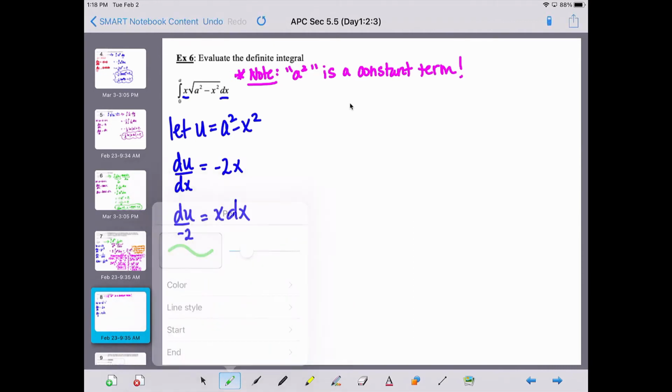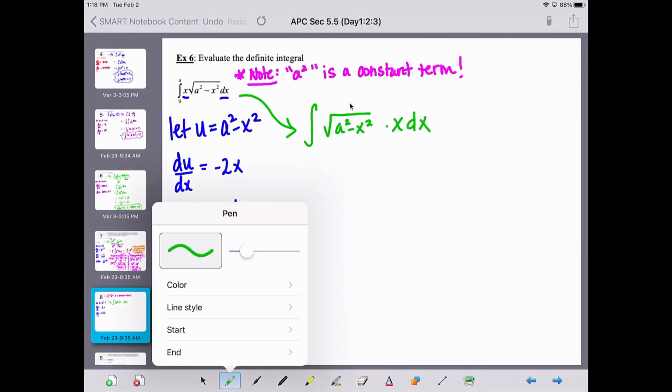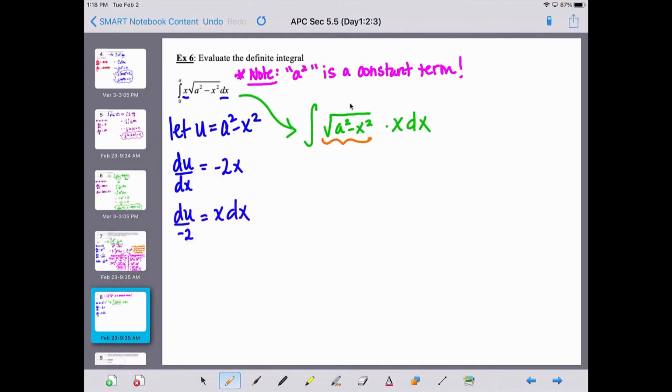So then I can rewrite my integral, and again, I'm not going to put any limits of integration on it yet. So the square root of a squared minus x squared, I'm going to put first, and then times x dx, I'm going to put second, and I'm just kind of showing what I'm substituting in here. So here, this a squared minus x squared is my u, so this part's just going to be the square root of u.